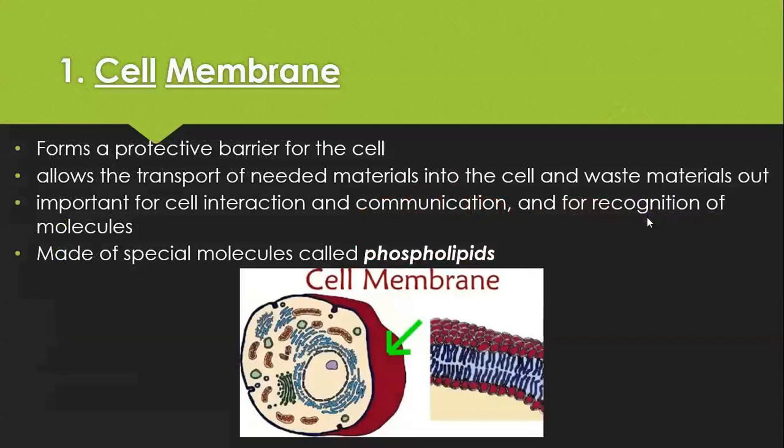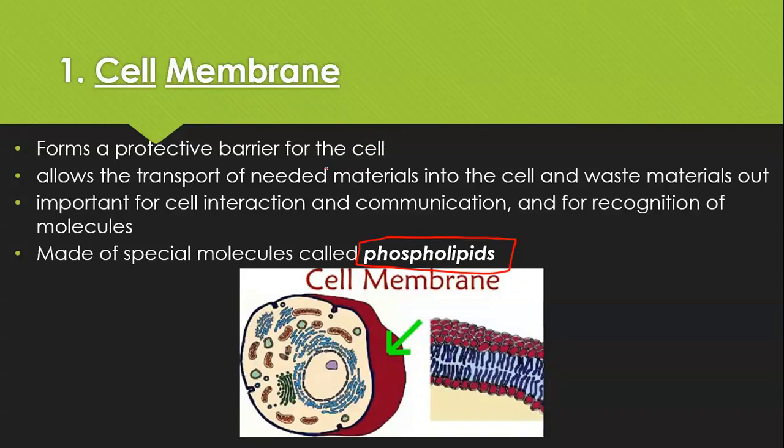So the cell membrane. Now we're going to spend a lot more time later on in section 2 talking about the cell membrane in detail. So right now, all I want you to know about the cell membrane is that it is made up of special molecules called phospholipids. Okay, and again, we will talk about phospholipids in great detail later on. Okay, the cell membrane forms a protective barrier for the cell, basically separates the cell from the outside world.